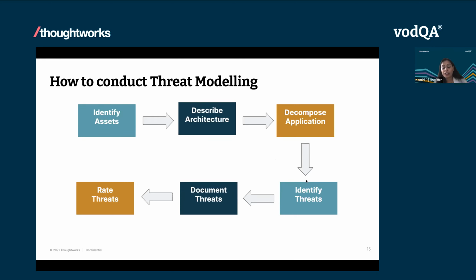And then identifying threats of each of the components. Once we have identified, we'll document those threats and rate them. Documenting will take place while identifying, and post-documenting, we'll rate those threats by priority and the probability of occurrence. So this was about how we conduct threat modeling.